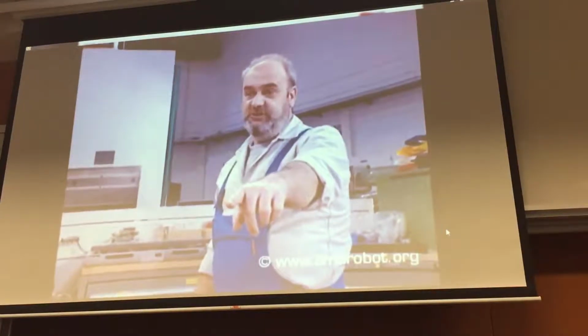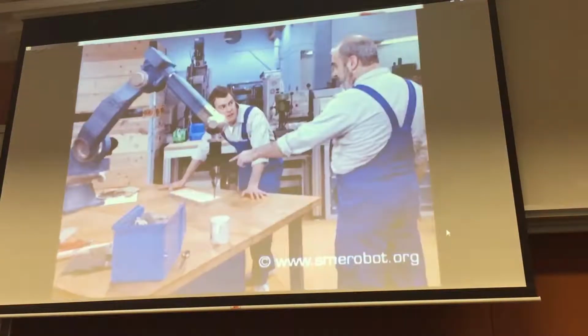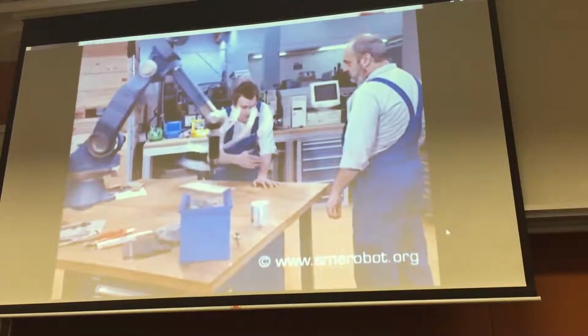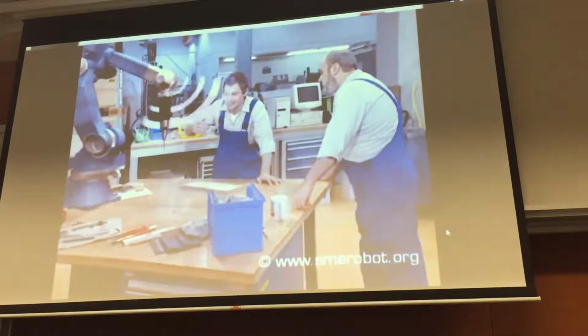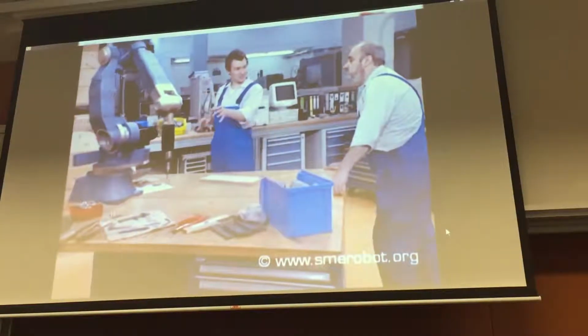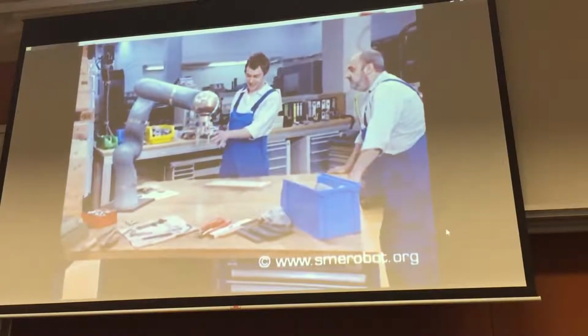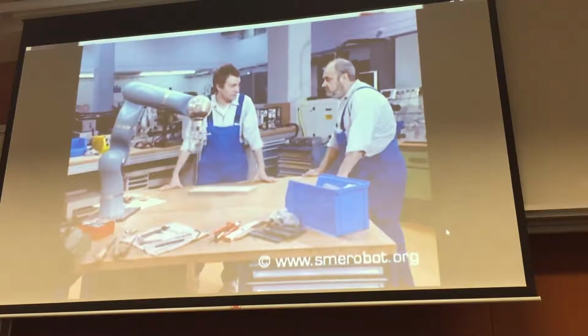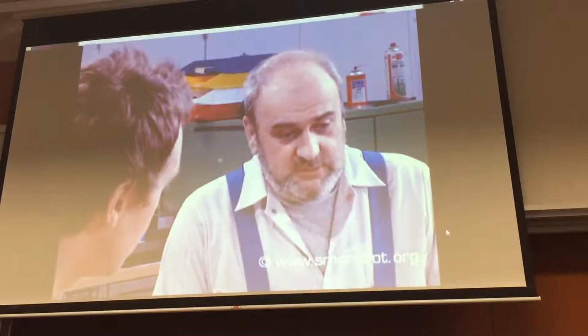Whoa, that thing is dangerous. It belongs behind a fence. Not if it's equipped with an anti-collision system. And if we give it a soft reaction to touch, besides making it lighter, it wouldn't do any harm even if it did crash into something or someone. Not bad.